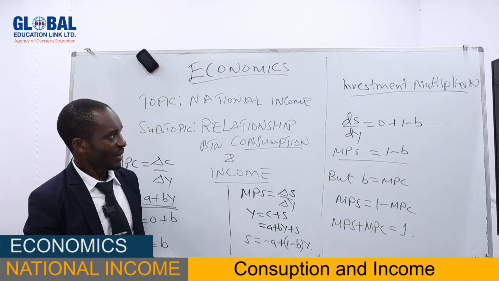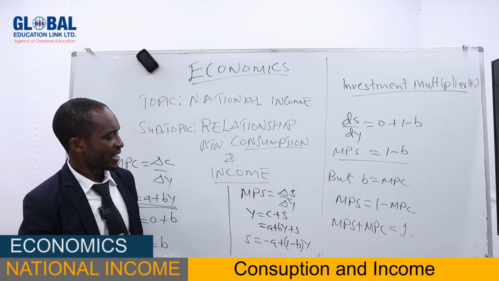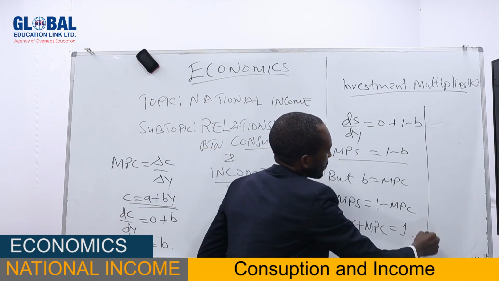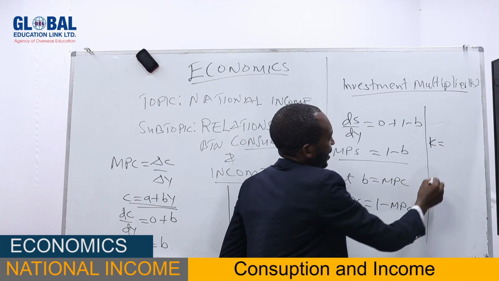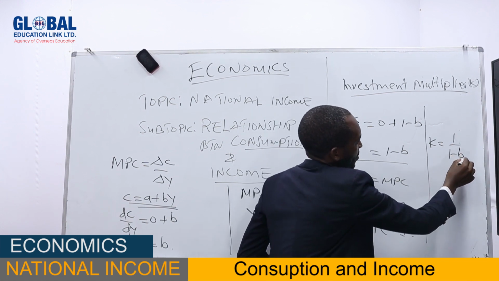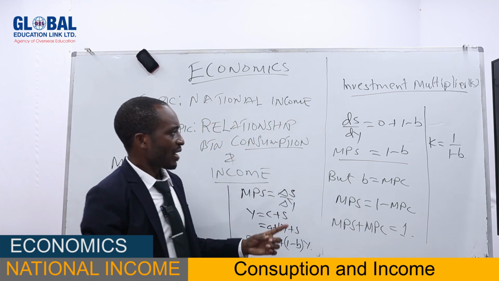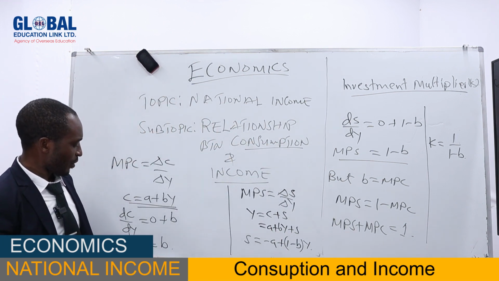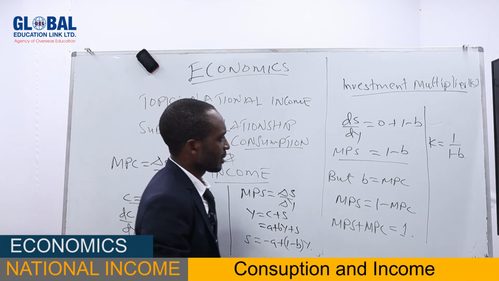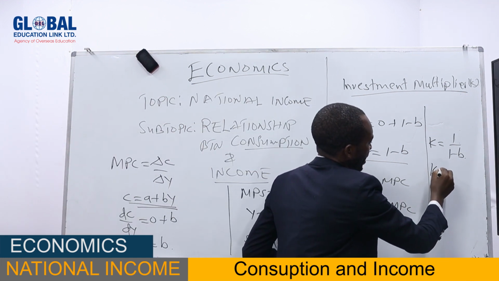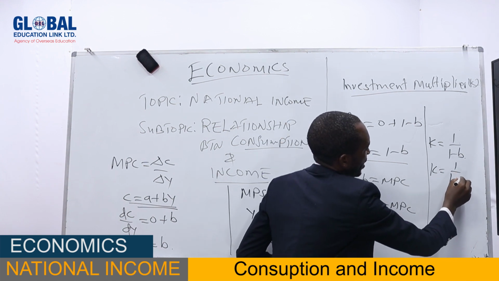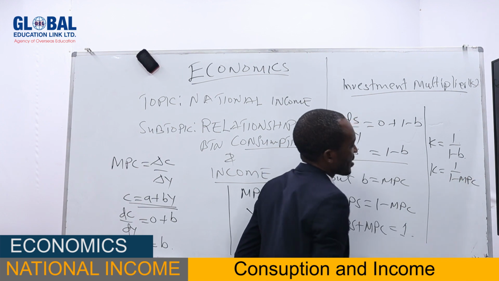Let us go back and see our investment multiplier. As we said, the investment multiplier equals 1 over 1 minus B. But here we already found the value of B. B equals MPC. So the investment multiplier will be equal to 1 over 1 minus MPC.